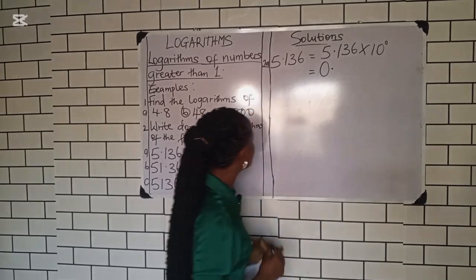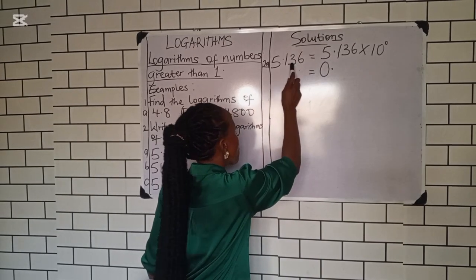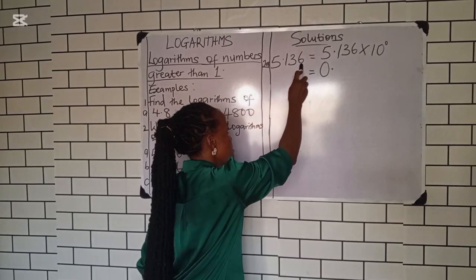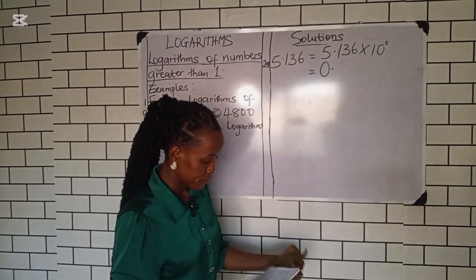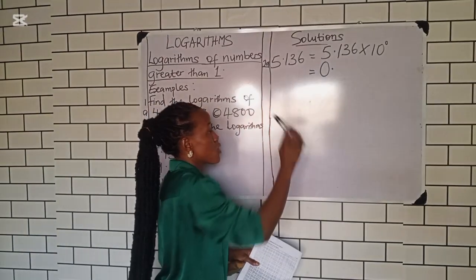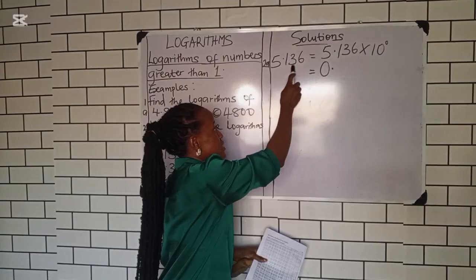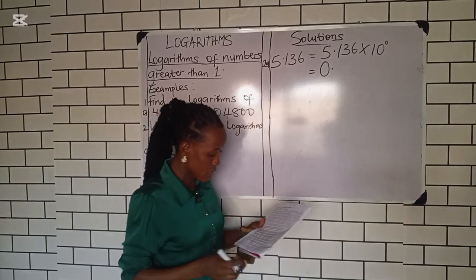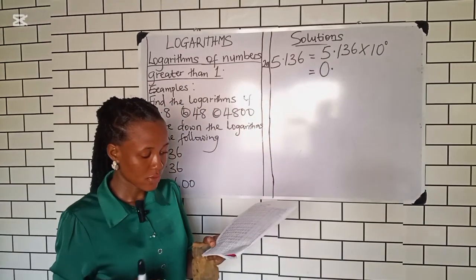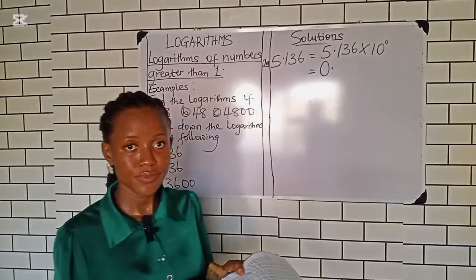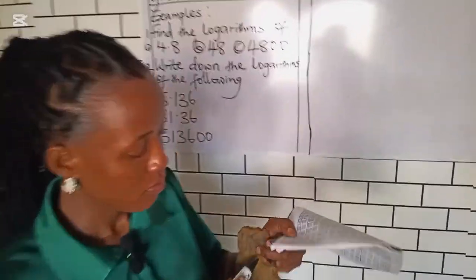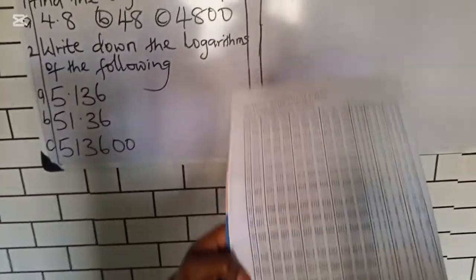Now, here, we are going to look for 51 under 3 difference of 6, because we have 4 digits here. That's why we are going to look for 51 under 3 difference of 6. Now, looking for 51 under 3, come close. These are the difference parts.